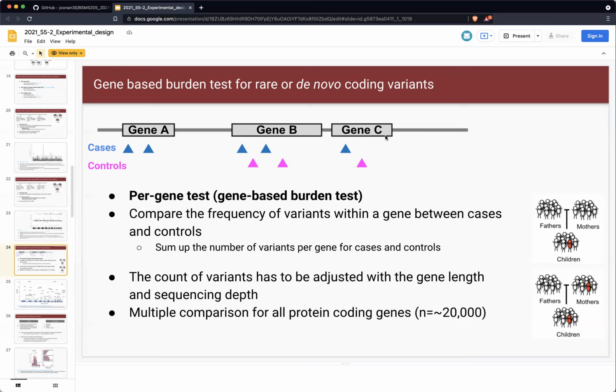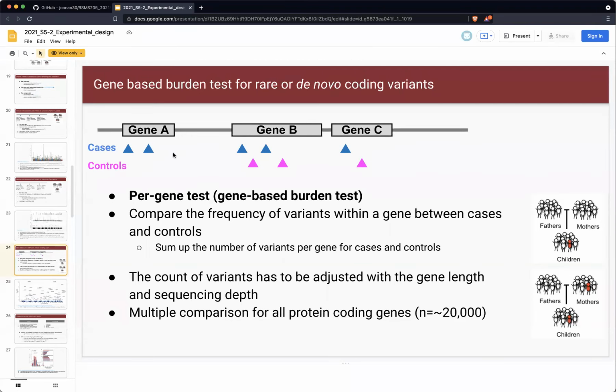And another aspect is the sequencing quality. All of the data in gene B in this area has to be sequenced in all samples, either in cases or controls, right?